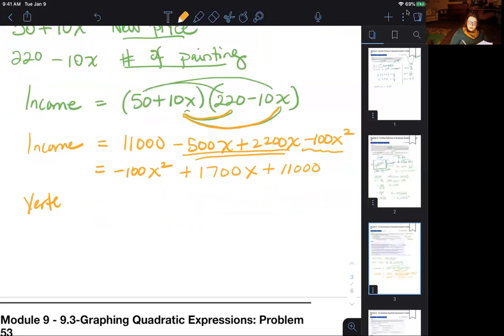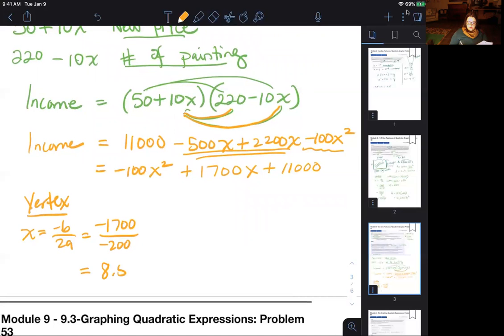So to find the vertex, I'm going to use x equals negative b over 2a. In this case, negative b is negative 1,700 over 2a, which is negative 200. If I simplify that, I have 1,700 divided by 200, and I get 8.5.